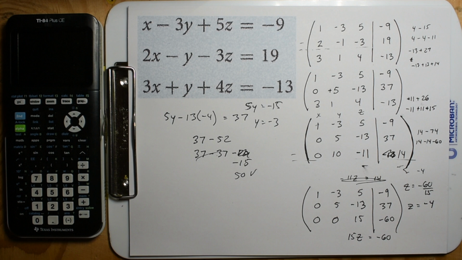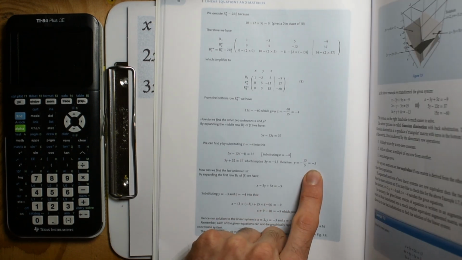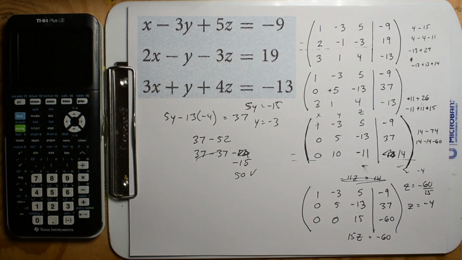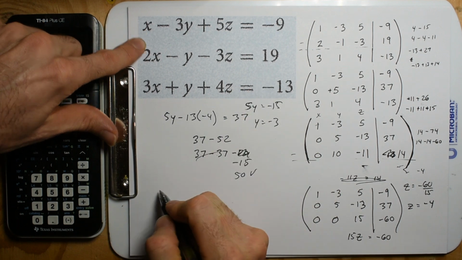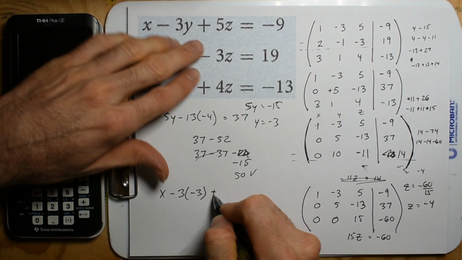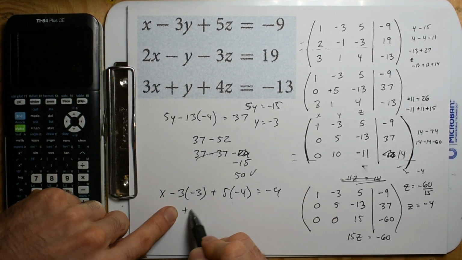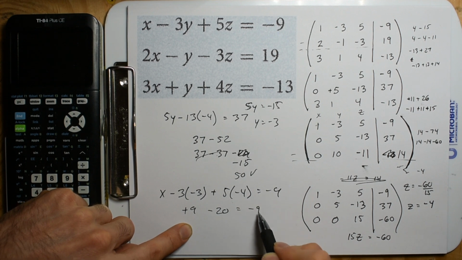So how did they find the x? Once they found that y is negative 3, they throw it into the first equation, the one that makes the most sense, because you have x minus 3 times negative 3 plus 5 times negative 4 is equal to negative 9. So we have plus 9 minus 20 is equal to negative 9.